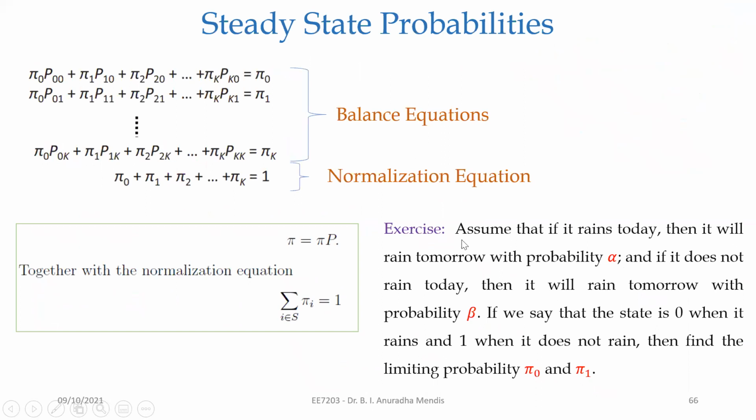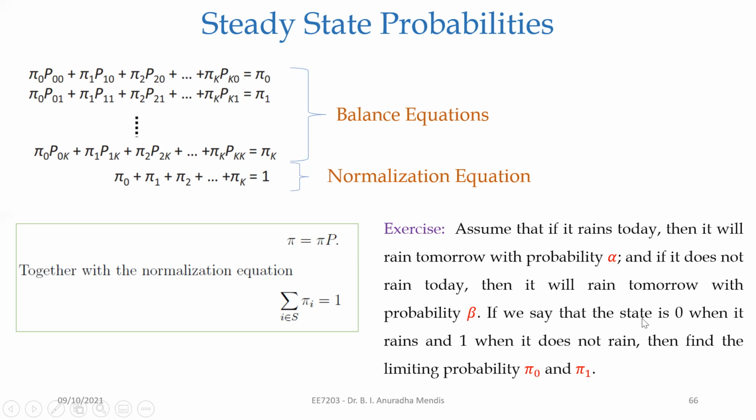First, can you draw the state diagram of this? Don't think about the other things. Assume that if it rains today, then it will rain tomorrow with probability alpha. Okay, if it rains today, it will rain again tomorrow with probability alpha. If it does not rain today, then it will rain tomorrow with probability beta.